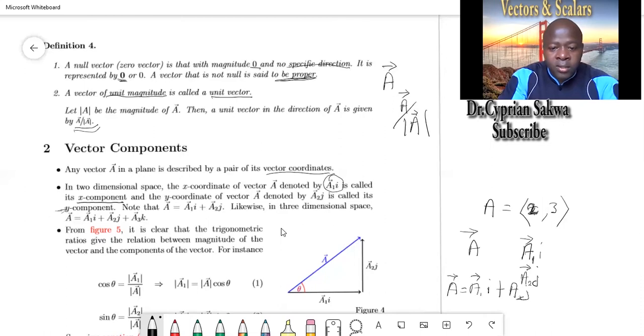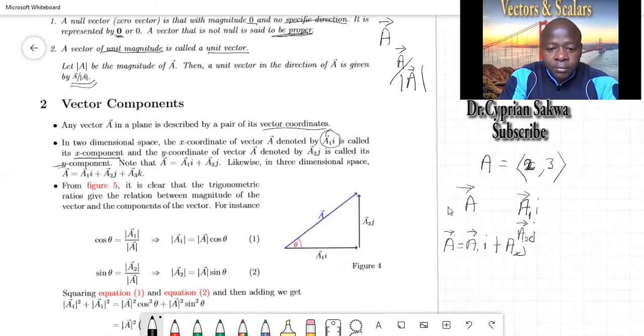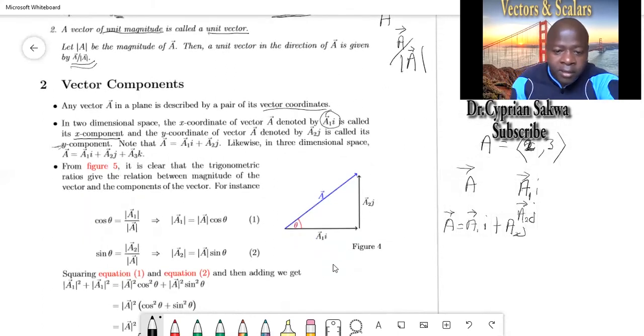Now let's look at this figure 5. This is vector A. Its x component is here and its y component is here, because for vector A, this is the origin, and it goes up to this point.